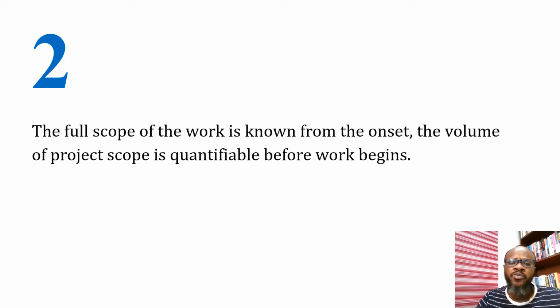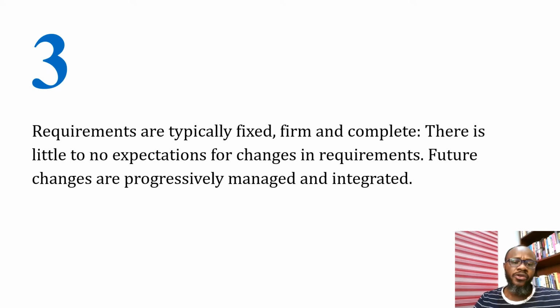The volume of project scope is quantifiable before work begins. Three, requirements are typically fixed, firm, and complete. There is little to no expectation for changes in requirements. Even if changes happen in the future, these changes are progressively managed and integrated into the project.